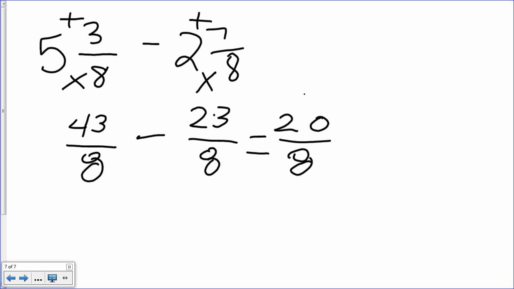Now I have to make sure I simplify. Simplify also means I'm going to convert my improper fractions into mixed numbers. So not only am I going to see, okay, does my ending fraction share a common factor, but if I have improper fractions, I'm going to convert those to a mixed number. So I'm going to ask myself, how many times does 8 go into 20?